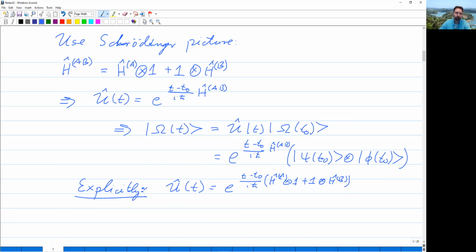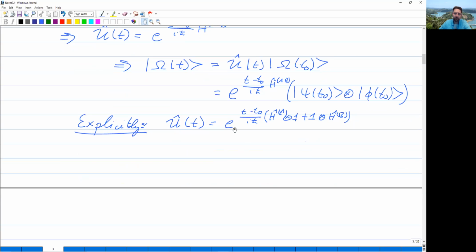Now, we have e to the power of something plus something. If these were numbers, then recall we would have e to the power of a plus b equal to e to the power a times e to the power b, if a and b behave just like numbers, which is to say, if there was no issue of non-commutativity.